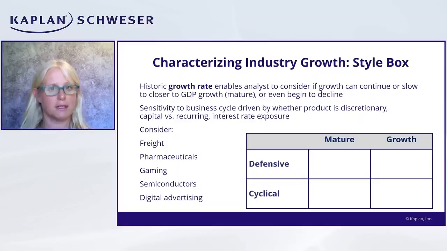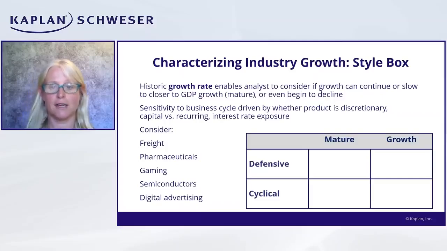Do they magnify what's going on in the economy? Cyclical. So when the economy does well, they do even better. Or defensive, so they're relatively immune to the ups and downs of the economy. So it depends on things like whether the product is expensive, a luxury, whether it's a kind of one-off big capital item that will be put off when times are bad.